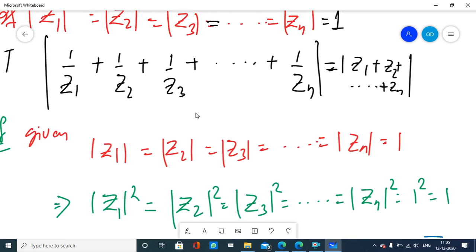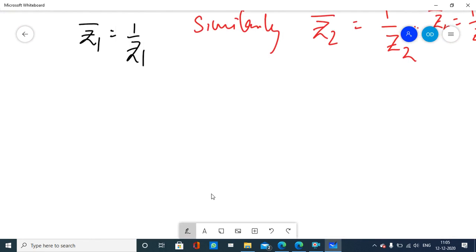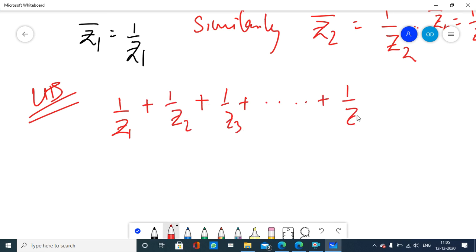Okay. Now let's come to our LHS. Now LHS says 1 by Z1 plus 1 by Z2 plus 1 by Z3 plus dot dot dot plus 1 by Zn, modulus.